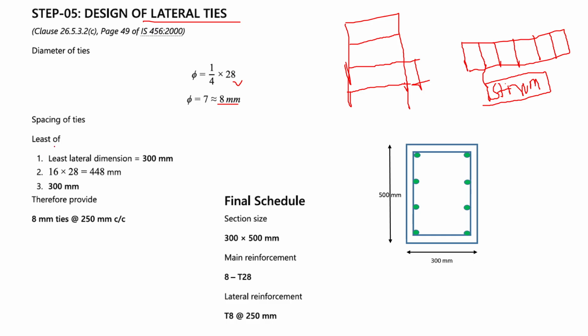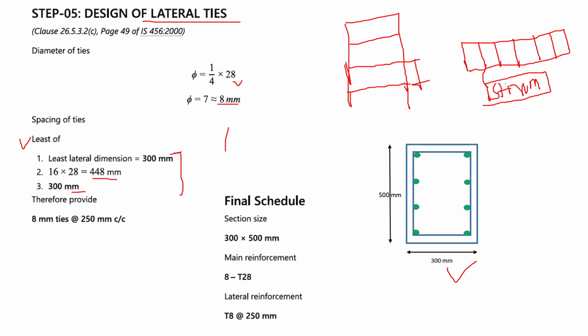Now, what is the spacing? You have to find the least of these three cases: the least lateral dimension, 300 mm, and 16 times the longitudinal bar dia, which is 16 times 28, 448 mm.